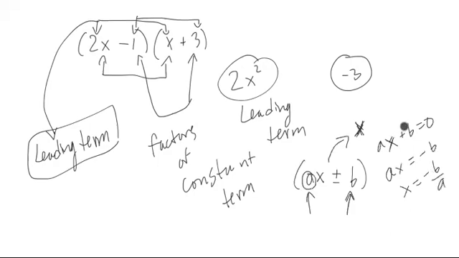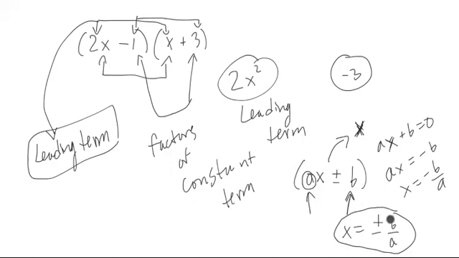Or if this was a minus, then you'd have a plus b over a. So plus or minus b over a is going to be a value of x that makes this guy 0. So when we're looking at a polynomial and trying to find factors, what we're actually going to do is search for zeros to factor it. And the way we're going to search for zeros is we're going to use synthetic division and plugging things in.